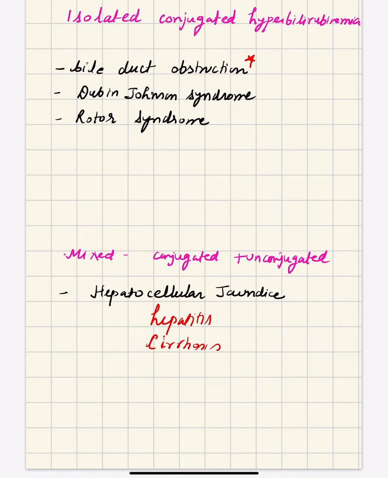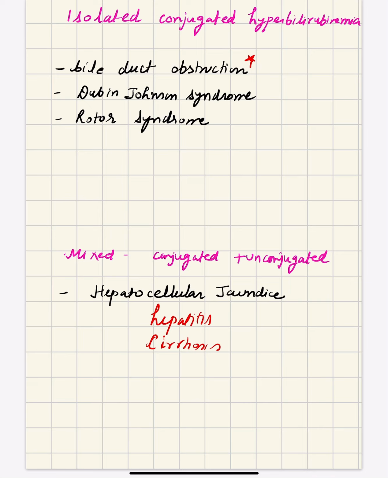Now the other condition, the mixed one, where we get both conjugated and unconjugated fractions. That will be seen in hepatocellular jaundice, where the liver is not functioning well because of various diseases like hepatitis and cirrhosis. So here the bilirubin is not being conjugated well in the liver, but the parts of the liver that are functioning normally will conjugate the bilirubin to a limited extent.